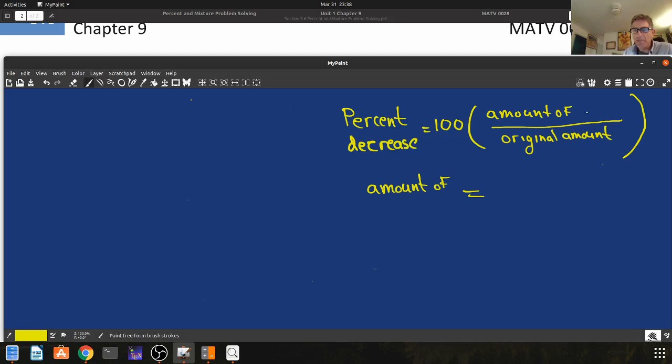That's our amount of decrease over the original amount. But our amount of decrease is equal to original amount minus final amount.